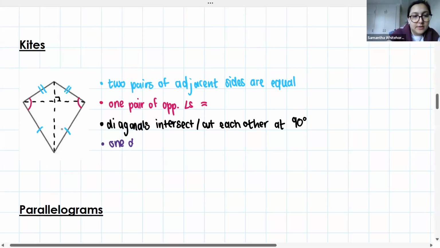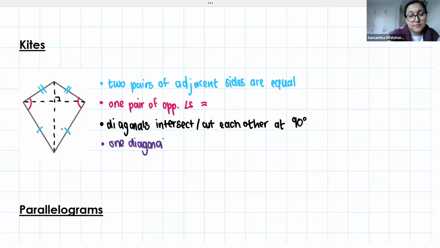One diagonal is bisected. Now, guys, bi means two, sect generally means cut. So one diagonal is bisected means one is cut in half.